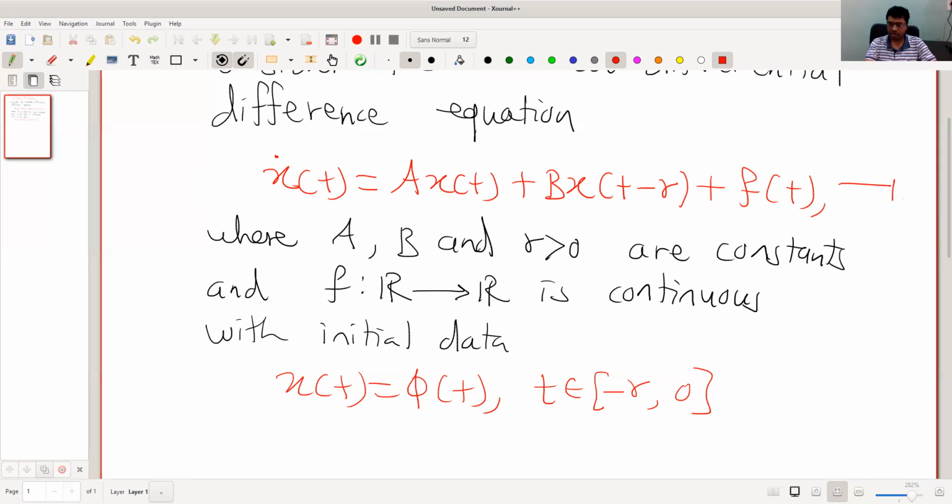We call this equation as 1 and this initial data as 2. And we now state the existence and uniqueness result.